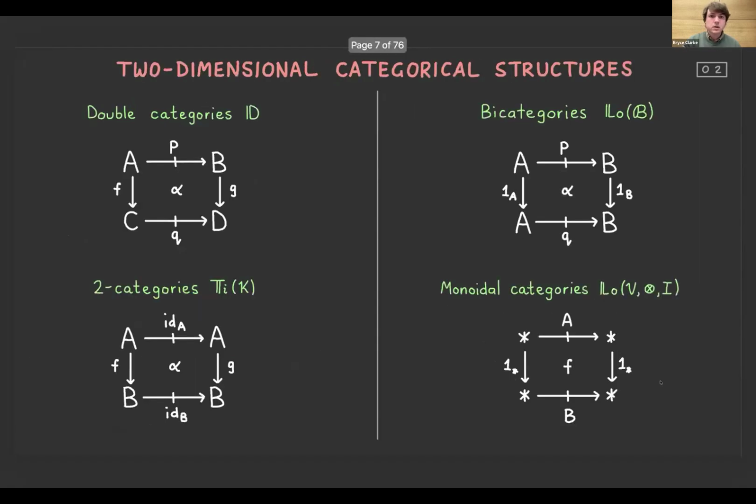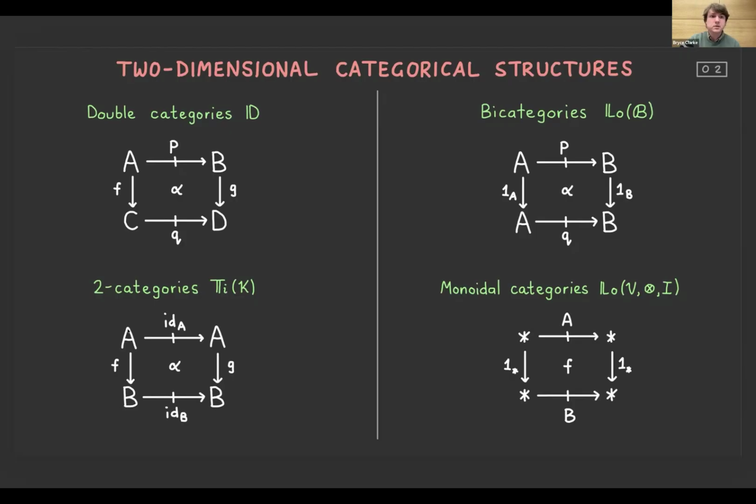Again, if you haven't seen double categories before, perhaps you're already familiar with some other two-dimensional categorical structures. Double categories have cells with a boundary like this, and we could simplify this in a number of different ways. One way is to get 2-categories by asking that all of our loose morphisms are identities.